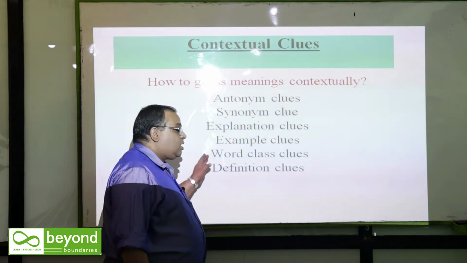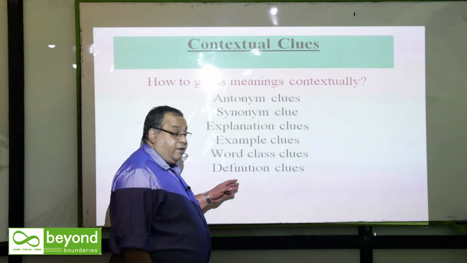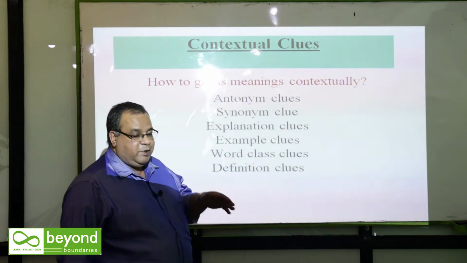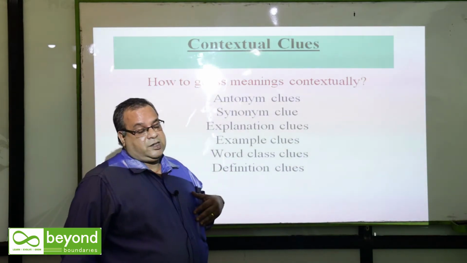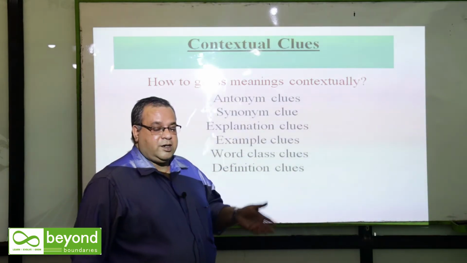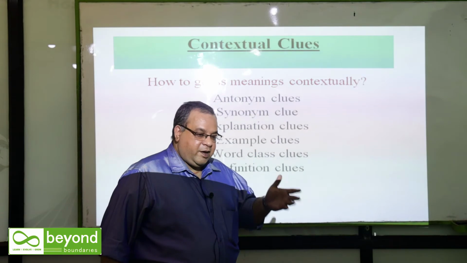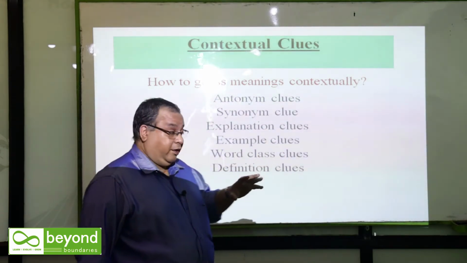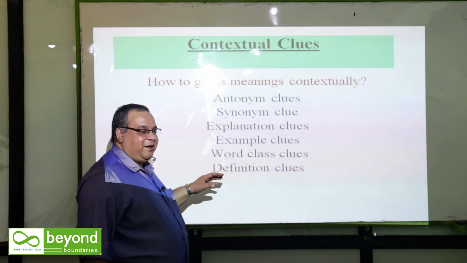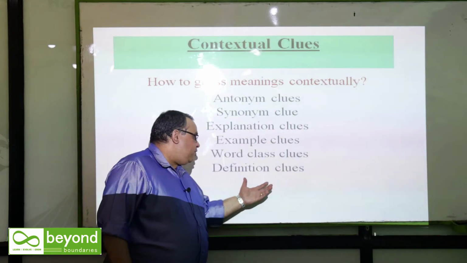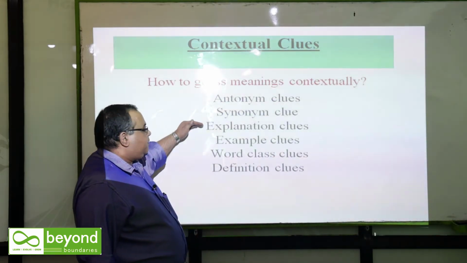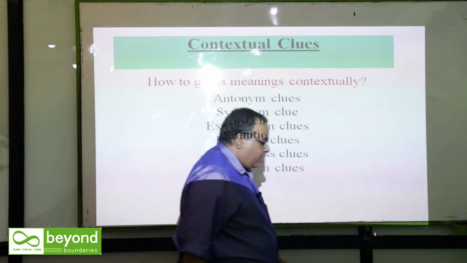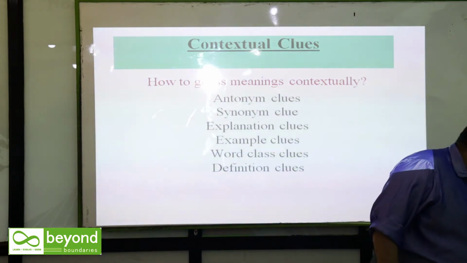We have word class or parts of speech. There are 8 parts of speech. If you don't know, we will be discussing that in class. You actually, personally speaking, all know that. You've done it in school, but you've very conveniently forgotten everything. But we will revive that again. And of course, there are definition clues, which are very similar to explanation clues. We'll just look at a few of them today. We won't have much time.